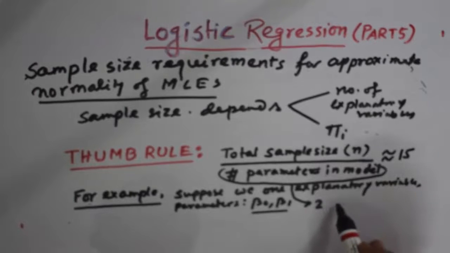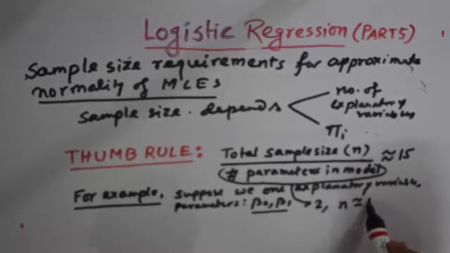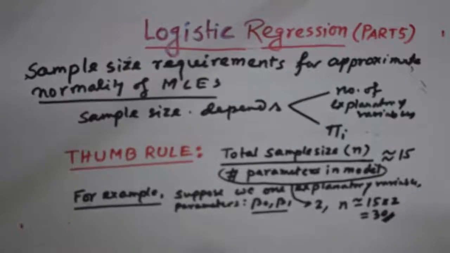Therefore n is approximately equal to 15 into 2, that is 30. So when we use one explanatory variable, then we need a minimum of 30 observations.